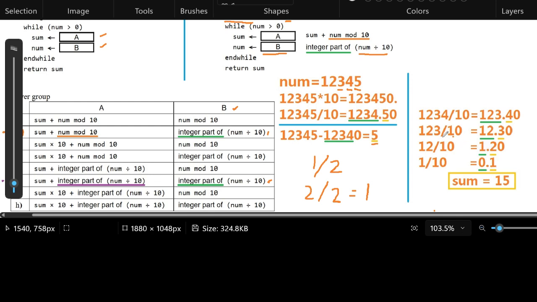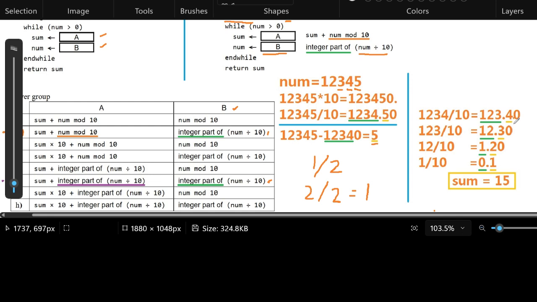As you can see, we are moving the digits so that we can get hold of the digits of the input number one by one, and then we'll add all of them. What we need to add are the remainders: 4, 3, 2, 1.